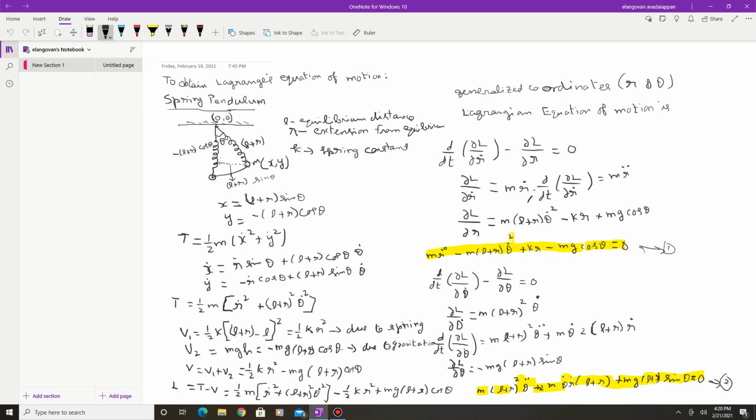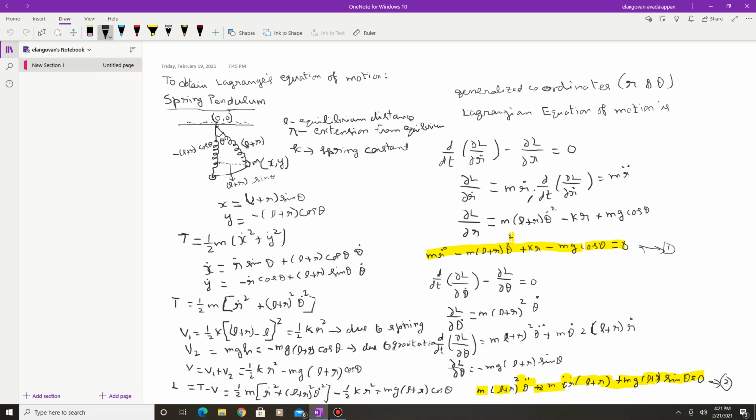Similarly, here also if you square and add, this is (L plus R) whole square theta dot square, again into sin square theta plus cos square theta, which is 1. And the cross terms have a positive sign here and a negative sign there, so once you add, this will be 0. So finally the kinetic energy expression is half m into R dot square plus (L plus R) whole square theta dot square. Now let us calculate the potential energy.